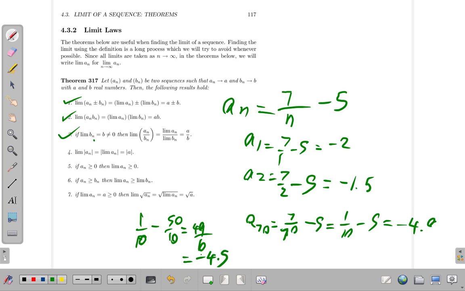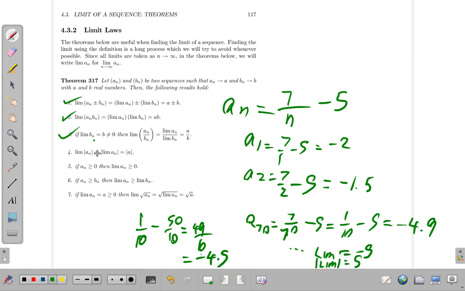And on it goes. Now, here, as we go on and on, before we take the modulus, this will tend to 0. So the limit will be equal to negative 5. Now, the modulus of that limit is 5.